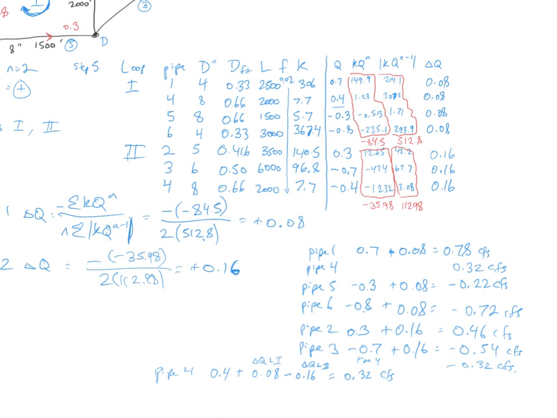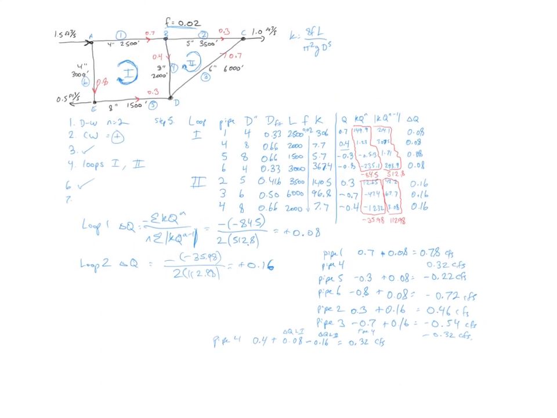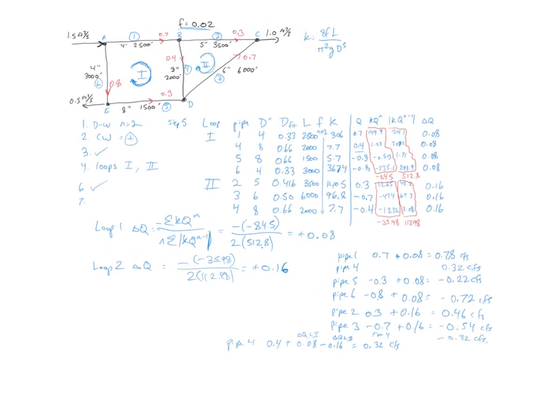If I did this all right, I should see that continuity is still maintained in the overall system, even after this whole first iteration. And the way I did pipe 4 here, this is where different versions of the Hardy Cross differ. If I assumed all the flows were positive, even those that were going against my convention direction, that's where I would introduce a different rule here.